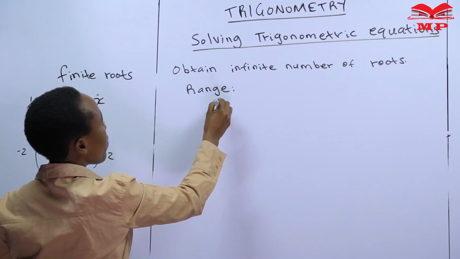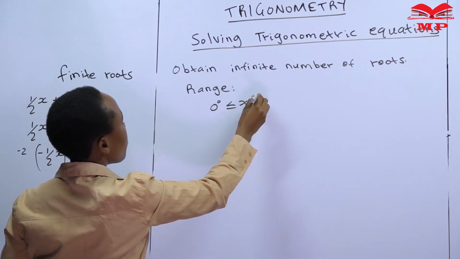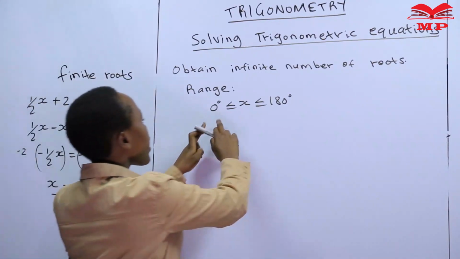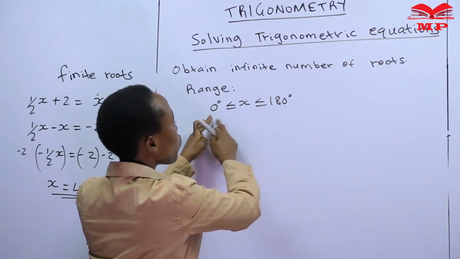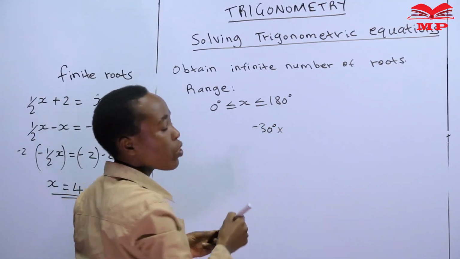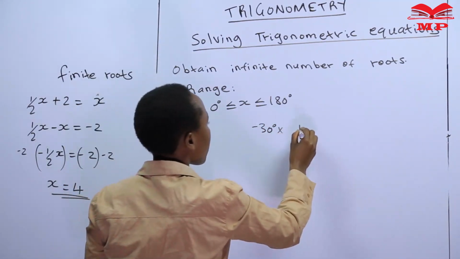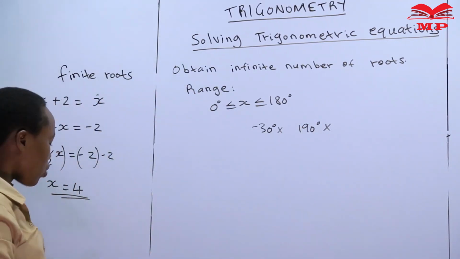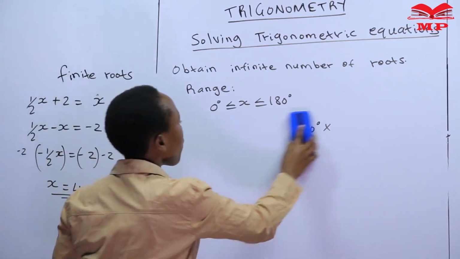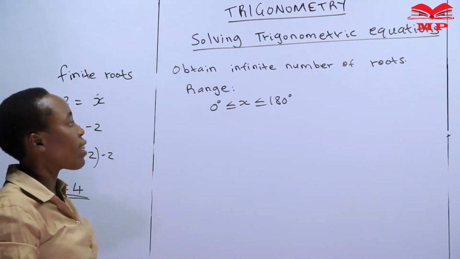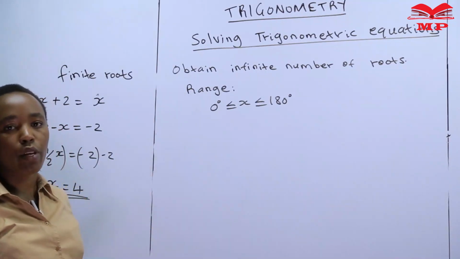For example, when we are given the range 0 degrees up to 180 degrees, you only give the roots that are in between here. So when you get an answer like negative 30, you don't include it. When you get an answer, for example, 190 degrees, again, you don't include it. So for the trigonometric equations, we'll be given the range, and therefore our answers should be within the range.